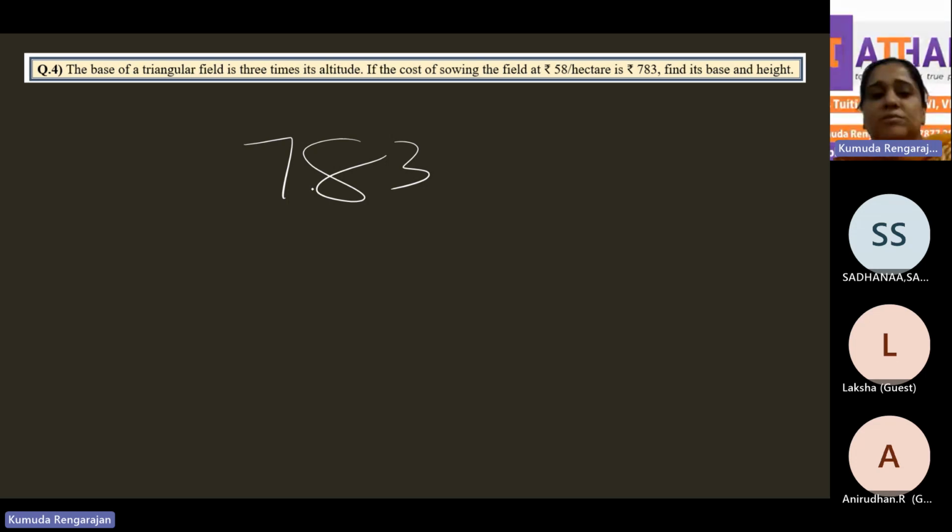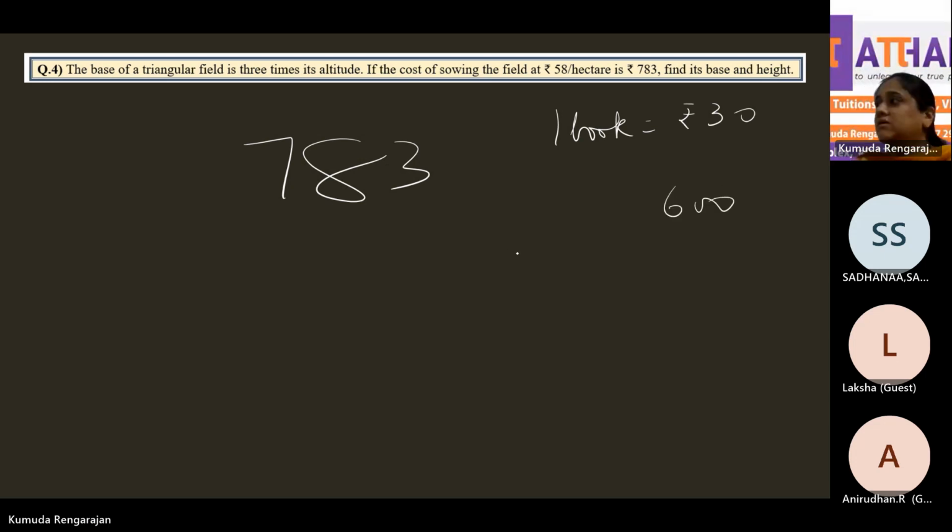Now see like this. Supposing one book costs rupees 30 and you have spent 600 rupees. Then what will 600 divided by 30 give you? What's the number? 20. And what does the 20 represent? One book costs 30 rupees.